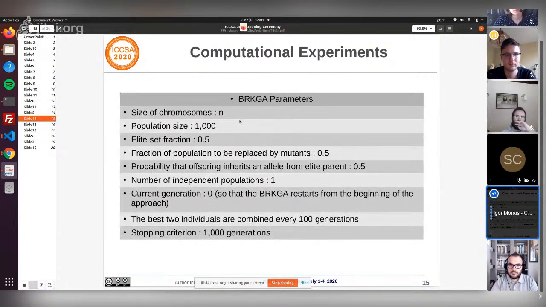The size of the chromosome is n, which is the number of rows the matrix has. The population size is 1,000, and the probability of an elite passing its genes is 0.5. Every 100 generations, the elite set is swapped between 2 population sets.